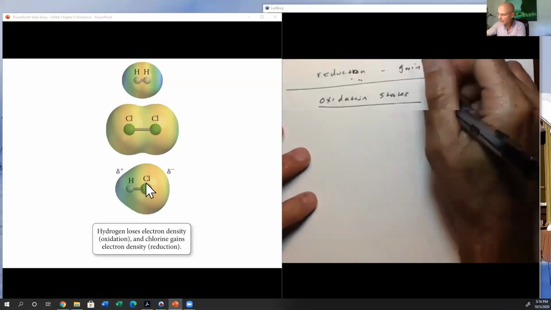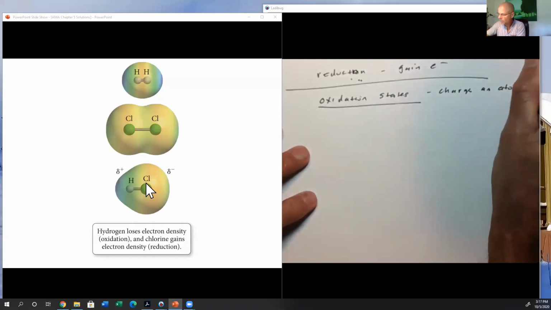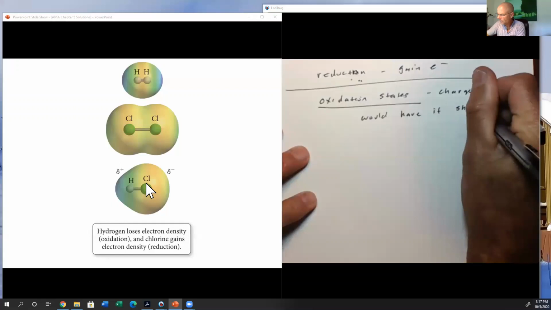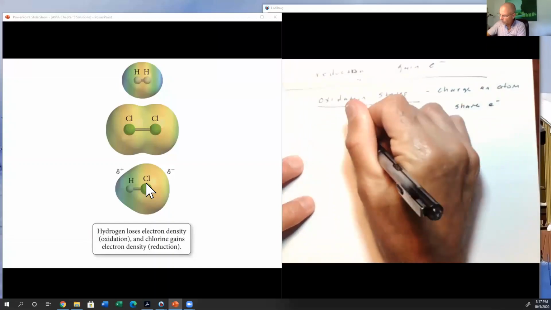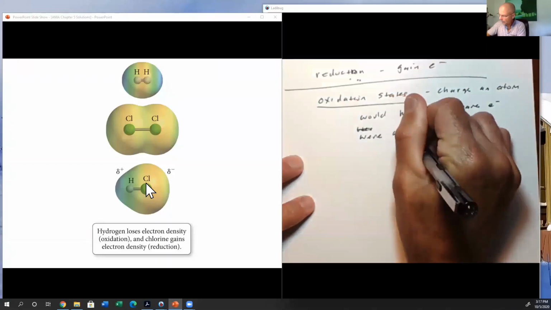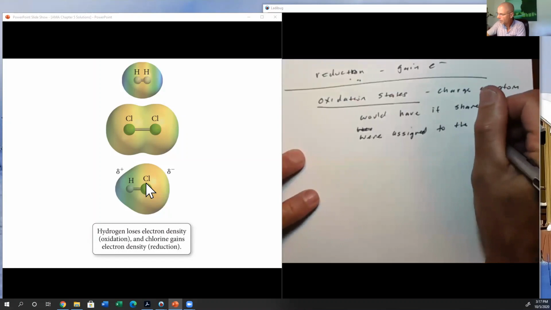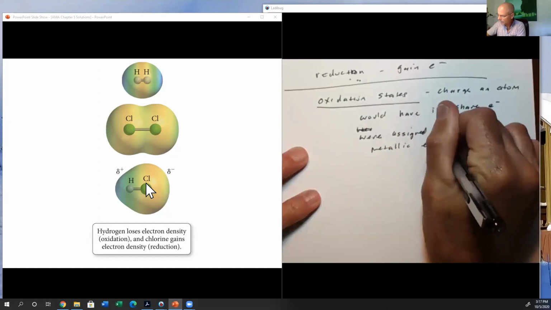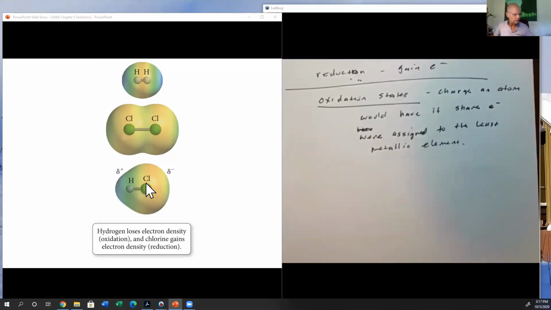An oxidation state is the charge an atom would have if shared electrons were assigned to the least metallic element, okay?